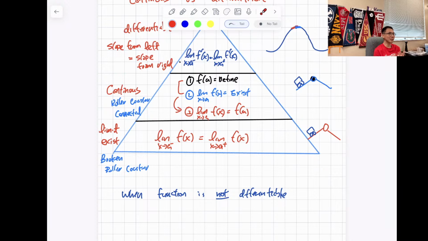But if I say it's differentiable, it must mean continuous and the limit exists at the same time. And not only that, the subconditions have to be true. If it's differentiable, is f(a) defined? Yes, because that's a condition to be continuous. Does the limit as x approaches a exist? Yes. So it must fulfill all the conditions.